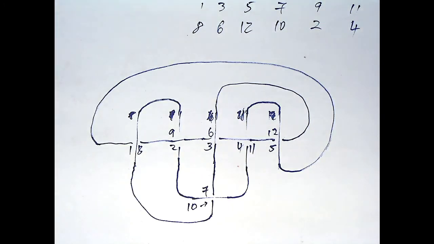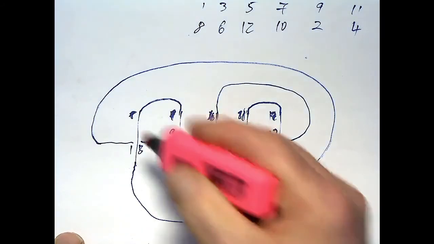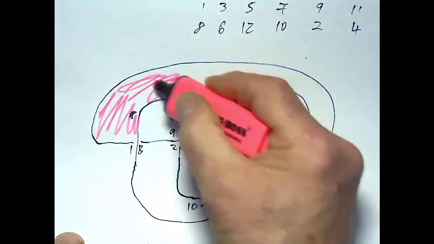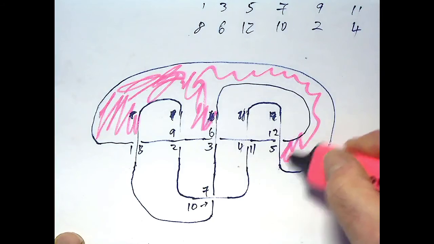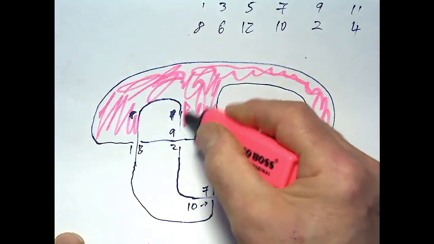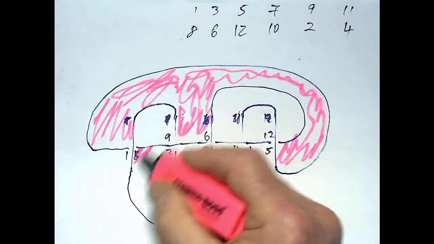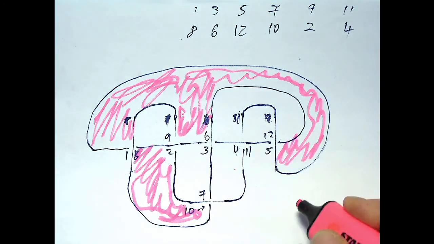First of all, I'm going to chessboard it with white on the outside. So that means that this will be black, pink in this case. Any regions that have an edge with the outside will have to be darkened.